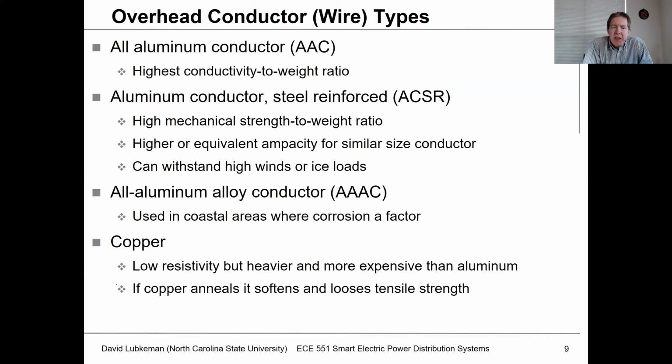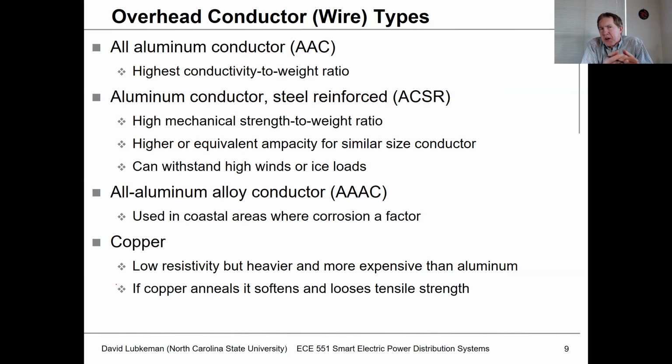And the reason being is it has a low resistance, it has lower I squared R losses, but it's very heavy, it's very expensive. And the other thing too is it's kind of a soft material compared to other types of materials. And so we may use copper, special types of copper alloys for the smaller wire sizes, or we might use it for grounds.